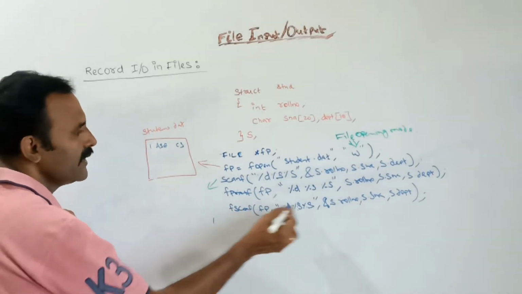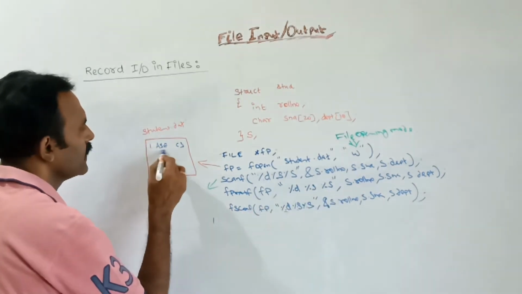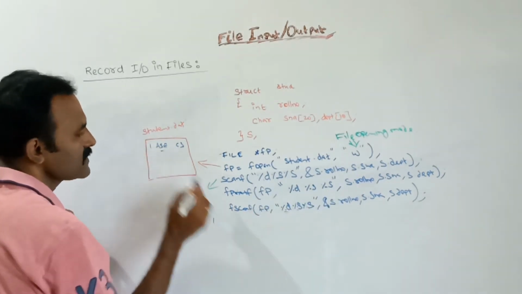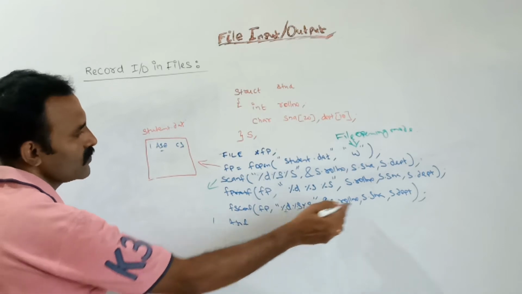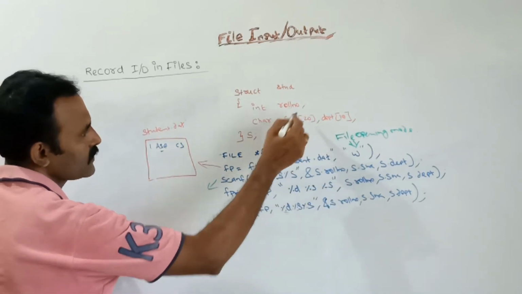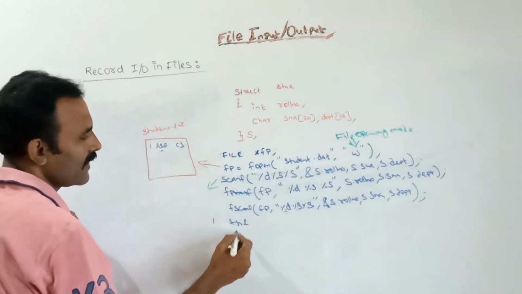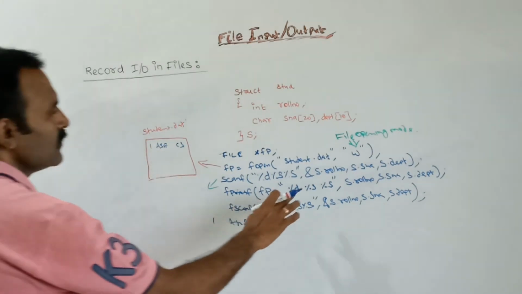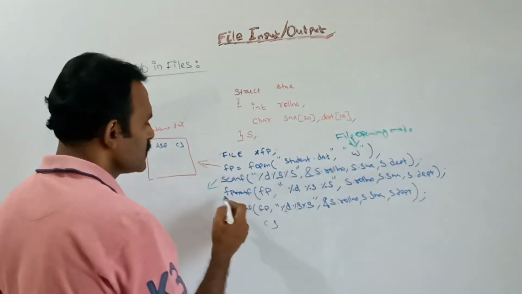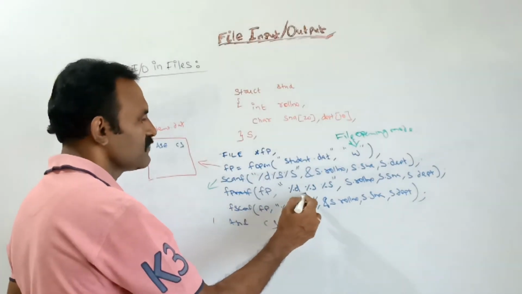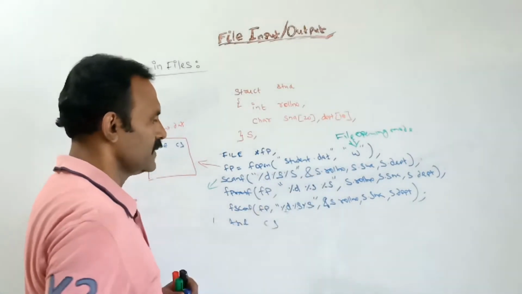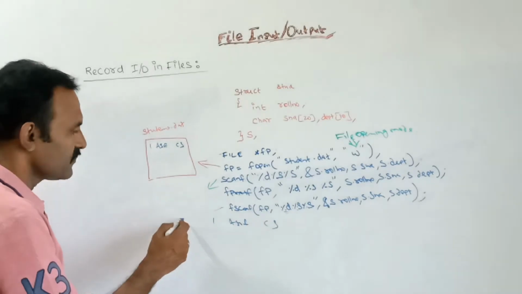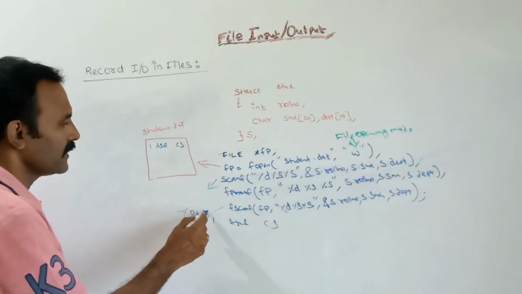Next, asif, before the space, is stored to sname, student name. It identifies them by using the space. So while storing, we leave one space using the fprintf function, in the format specifier. The fscanf function is used to read, and we can read and print.